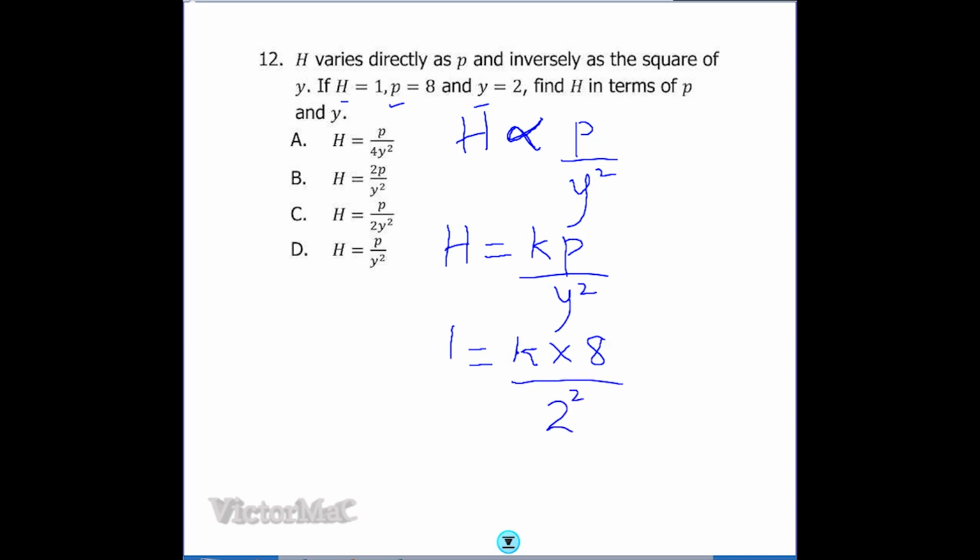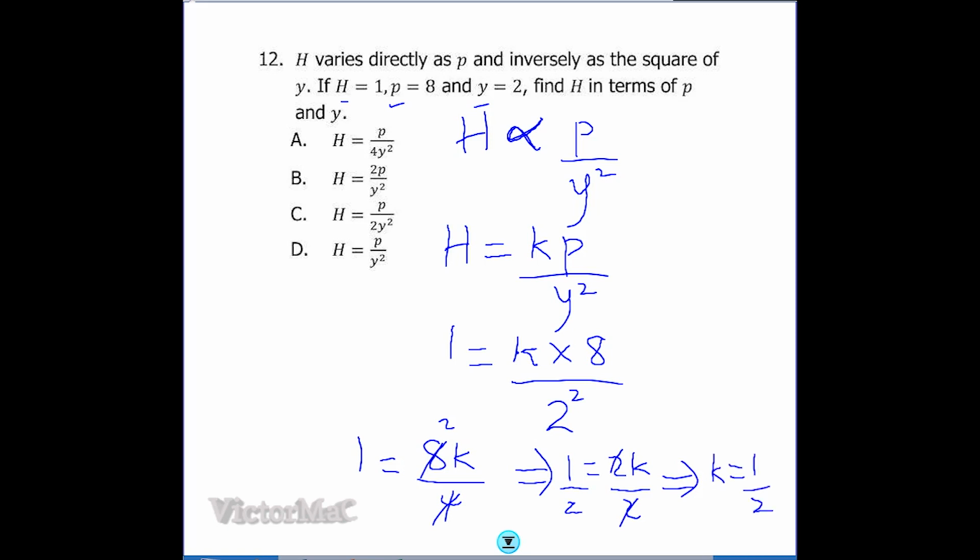So 1 equals 8k, 2 squared is 4. When we divide, 4 into 8 is 2, so we have 1 equals 2k. And when we divide both sides by 2, 2 cancels 2, so our k equals 1 over 2.